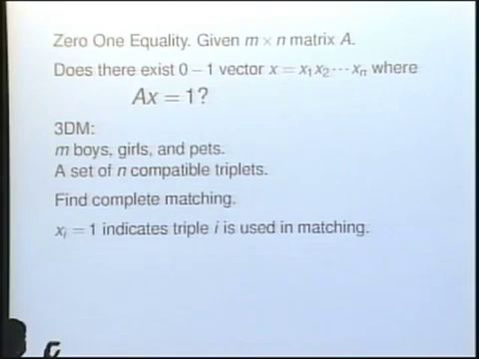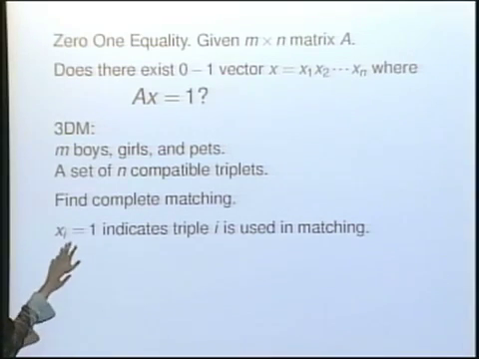So we're going to translate. A reduction is in some sense a translation. We're given a particular instance of three-dimensional matching, which is a set of triplets. That's what we start with, and we want to produce an instance of the 0-1 equality problem.